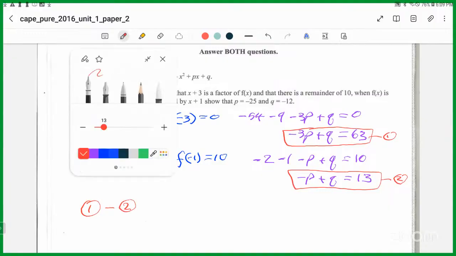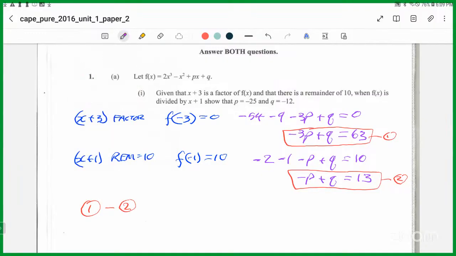When we subtract, minus 3p minus a negative p is plus p, so minus 3p plus p is minus 2p. Then q minus q is gone. Then 63 minus 13 is 50. If you divide by negative 2, you get p equals negative 25.